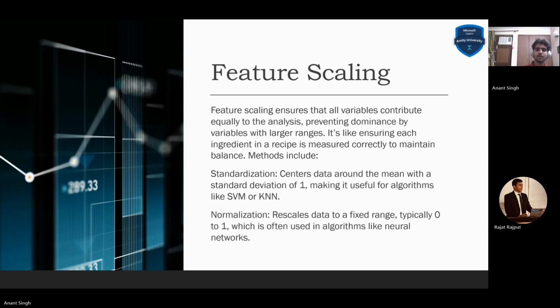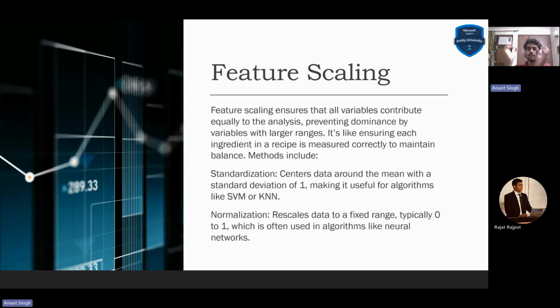So what is feature scaling out of this? We do not want, for example, column A and column B where column B has values of 1 million, 2 million, 3 million, and A has values of 1, 2, 3, or 100 square foot, 200, 300.